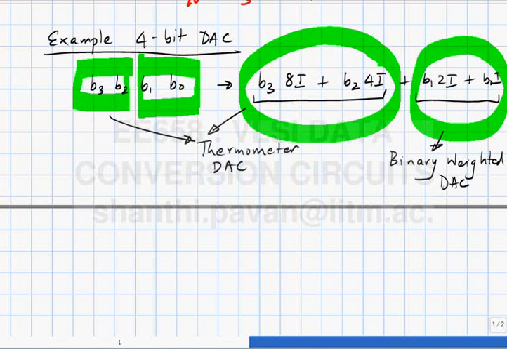So a full thermometer would have required digital complexity proportional to 16. On the other hand, I only have half a thermometer now. The thermometer is only applied to the MSBs in this particular case. So what do you see? The digital complexity is definitely reduced, correct.